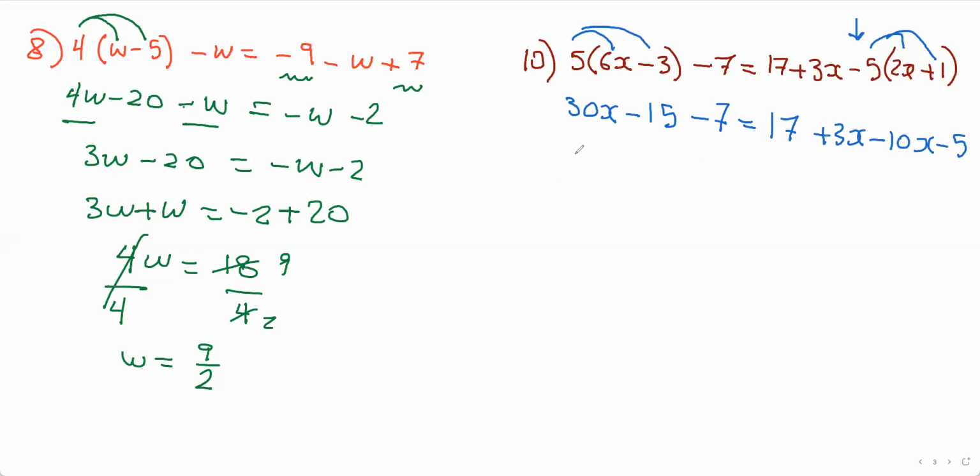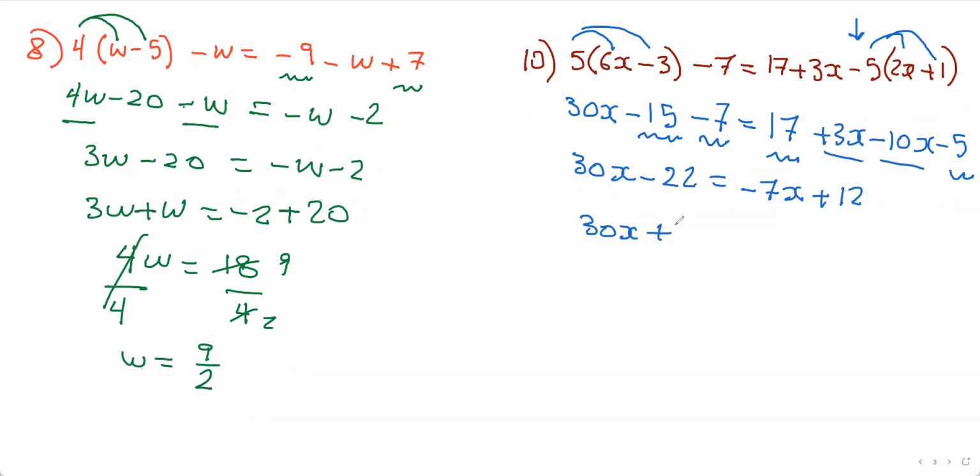Okay, and here, you collect like terms. So the numbers here and there, that's the only thing you have right there. So you have 30x minus 22 equals, here you have the x's and also the numbers. So 3x minus 10x will be -7x, and 17 minus 5 is +12. 30x plus 7x equals 12 plus 22.